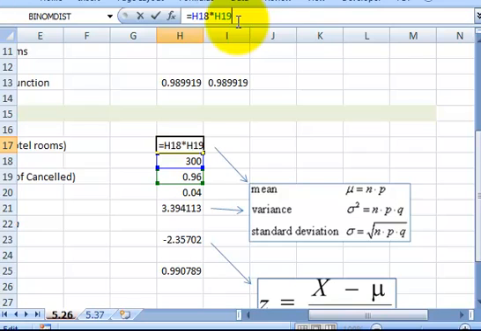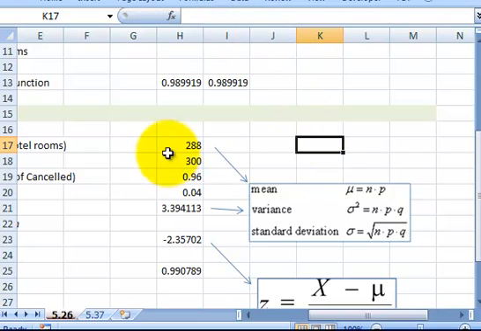Remember our converse formula: if there's a 4% probability of cancellation, there's a 96% probability, 1 minus 0.04, that the room is occupied. So there's 300 rooms and a 96% chance that it's occupied. Multiply the two together, and you get your mean of 288.